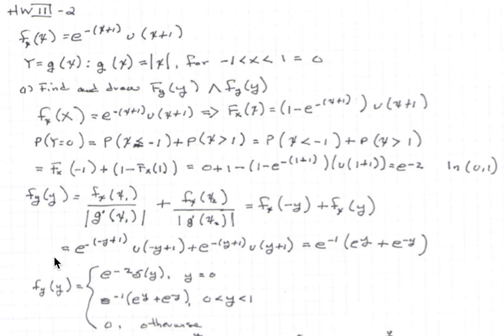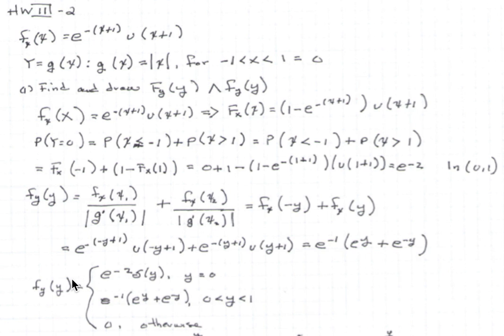This translates into e to the minus y plus 1 times u of y plus 1, plus e to the minus y plus 1 times u of y plus 1, which translates into e to the minus 1, e to the y plus e to the minus y.